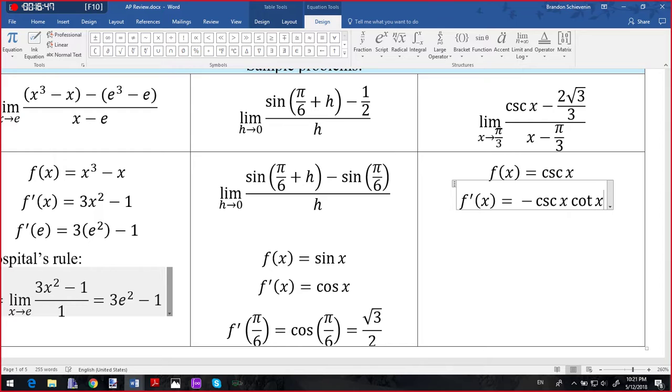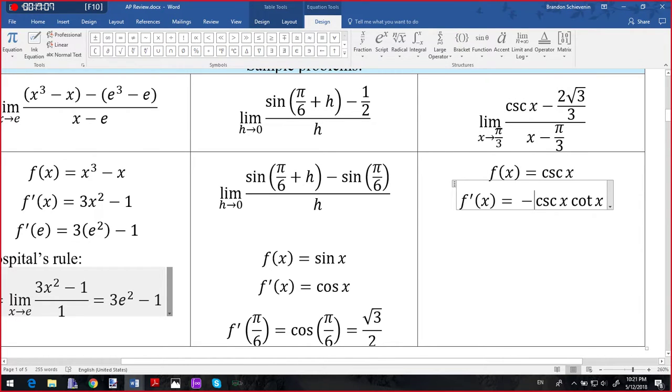Okay, just to double check and make sure this works. If this is the limit definition of a derivative, this is x, and then pi thirds would be the value we're approaching. So I need to make sure that this 2 root 3 over 3 is the cosecant at pi thirds.